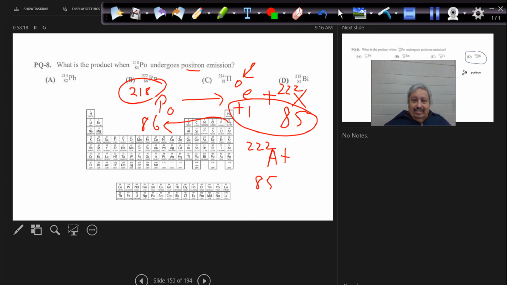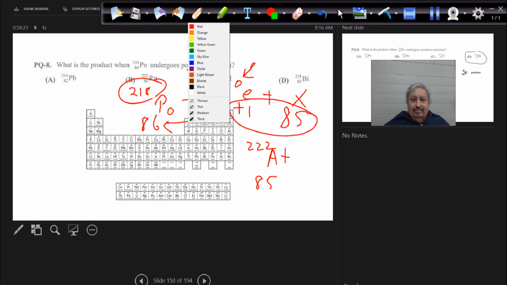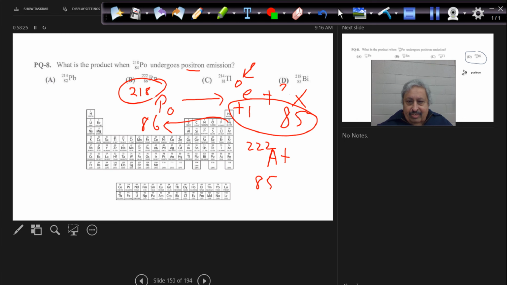218. And this one, in the top, will be what? 218. So this is first 218. And this at the bottom is 84, correct? Not 86. I don't know where I got the 86 here, but it's Monday. So it is 84.